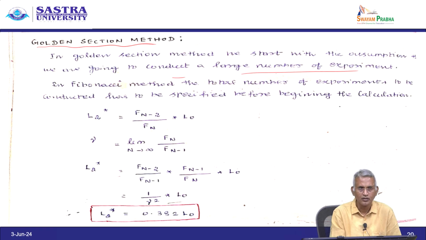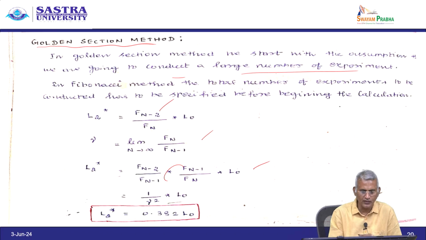So, let L2 star equal Fn minus 2 by Fn into L naught. If the ratio is the limit as n tends to infinity of Fn minus 1 by Fn, and L2 is equal to F2 by Fn minus 1 into Fn, and so on it goes, so that L naught will come.